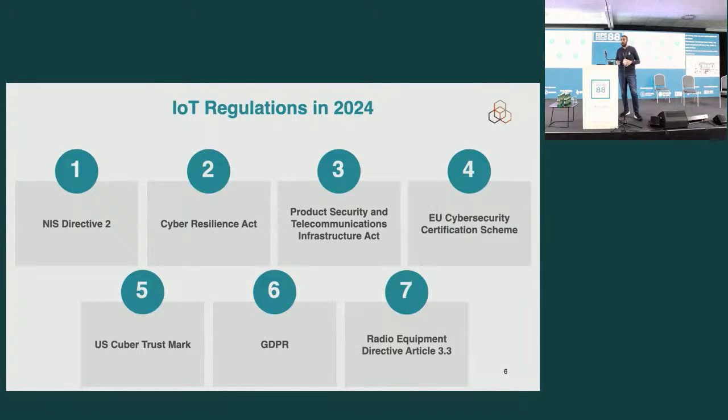Now, keep in mind that these are relevant in 2024. Either they've been voted on in 2024 or were recently voted on and will take effect in 2024. There are some other pieces of legislation that still apply to the IoT world, for example, the EU Cybersecurity Act, I think from 2019, or the US Cybersecurity Improvement Act that was enacted in 2020.